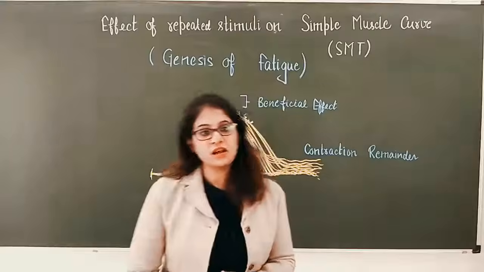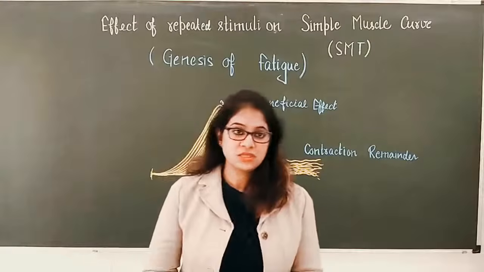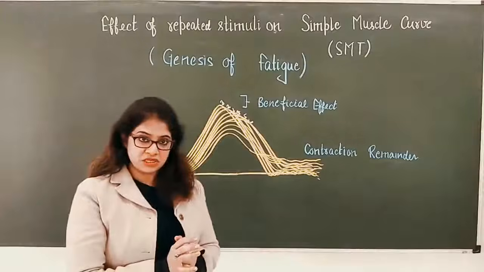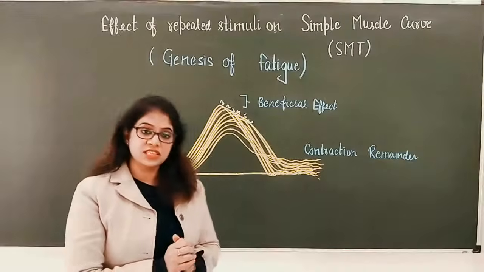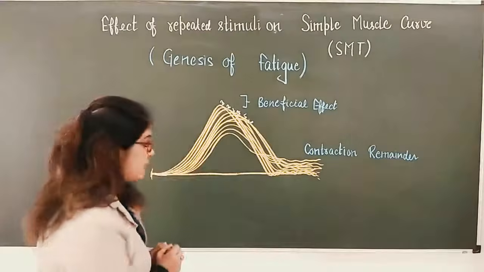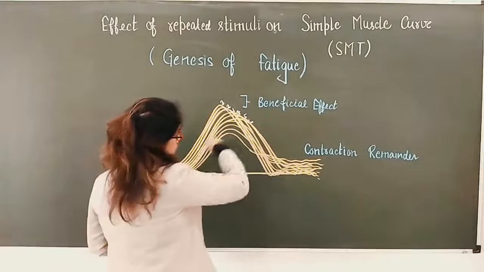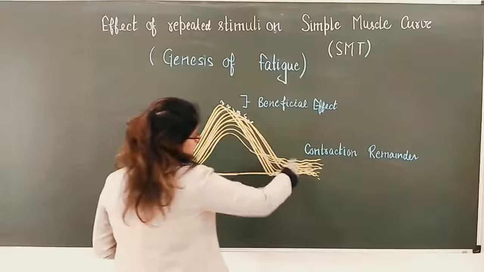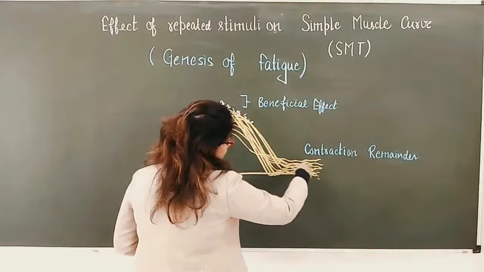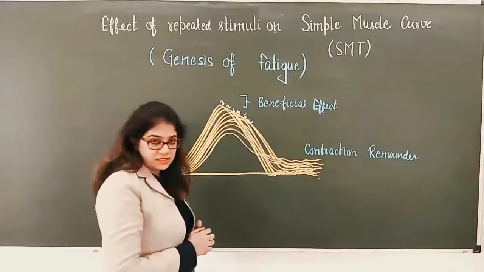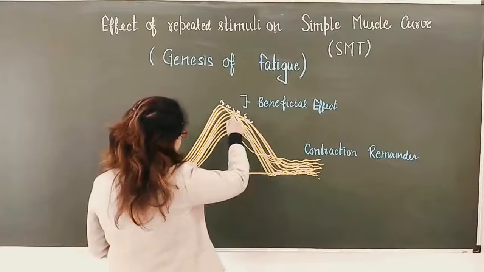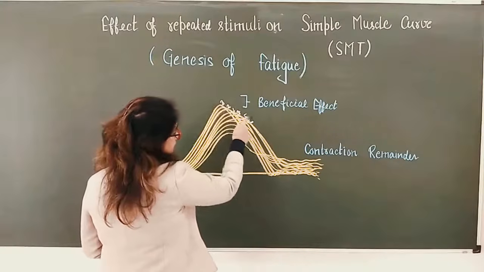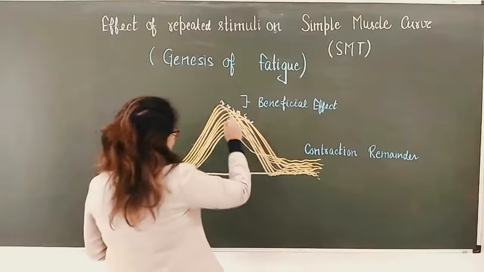The next graph you can get in your exams is the effect of repeated stimuli on the simple muscle curve or simple muscle twitch, that is, genesis of fatigue. In that you will get multiple curves of different heights, and the baseline will be shifted gradually upwards. In the first few curves you can see the height is increasing, but then the height is gradually decreasing. Why?